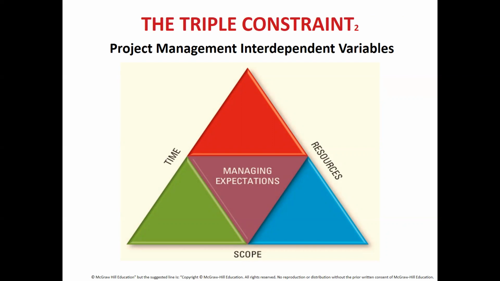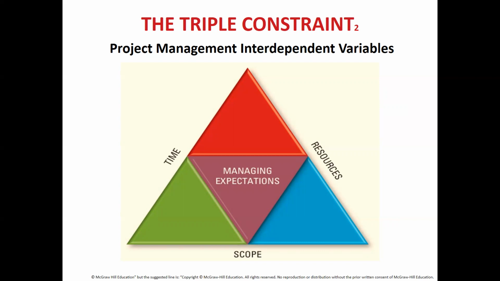Once you have a scope, you also have certain resources that the organization will need to employ. If there is an increase or decrease in any one of those three constraints, it will affect all the other variables. For instance, if your scope increases, you will need more resources. If your scope increases, you will need to take more time to complete the project.